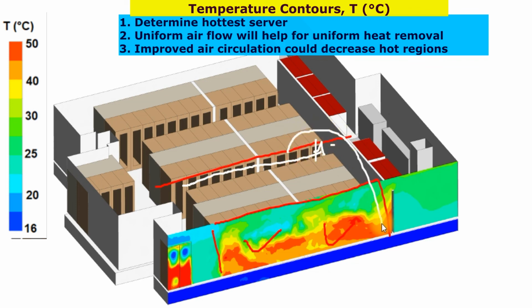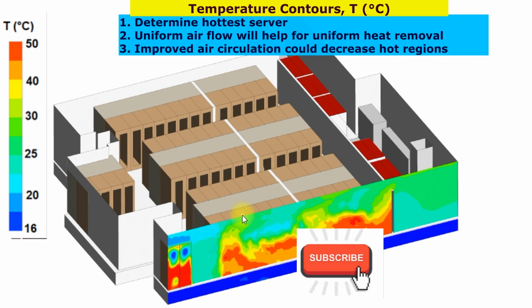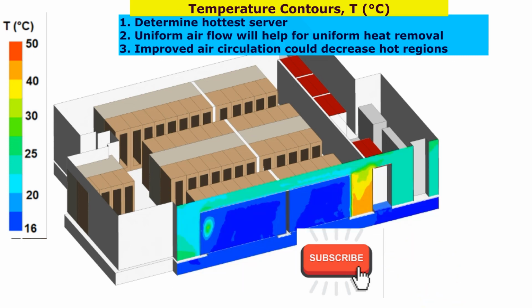In this section, the temperature is coming high. This is the cold compartment. This is the hot compartment. This is also a hot compartment. In this hot compartment, we can see the increased temperature of air after passing through a server. This is a cold compartment where air temperature is quite low, because cold air flows through the bottom floor.